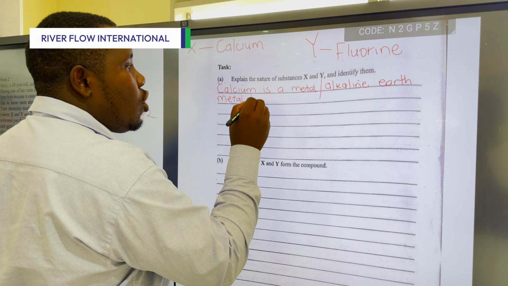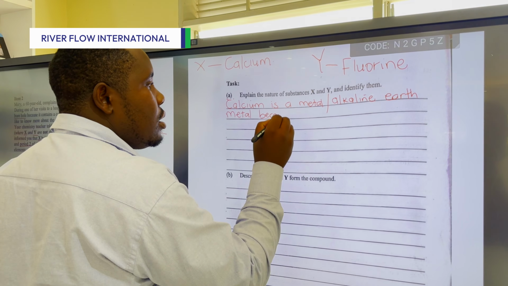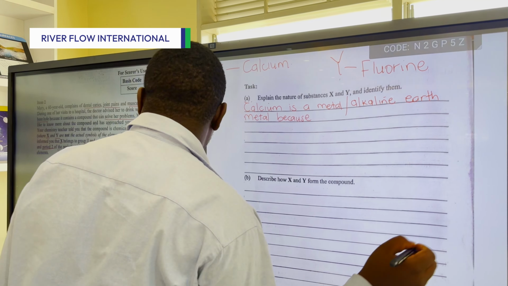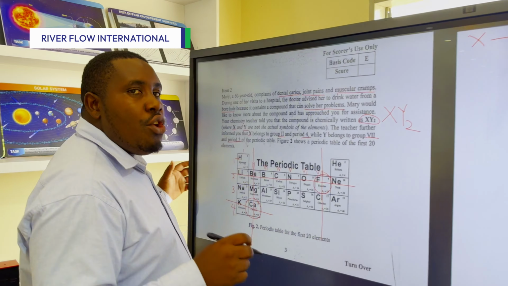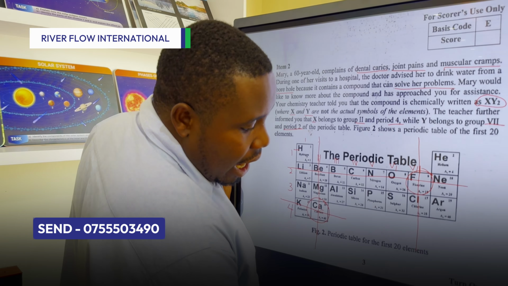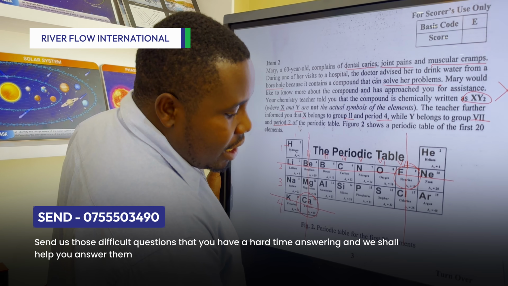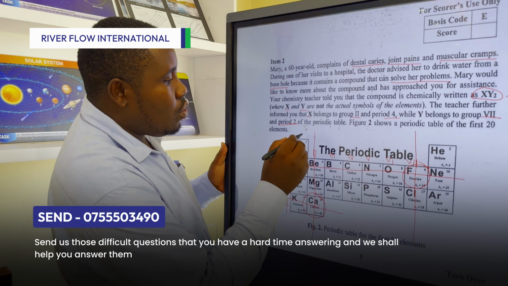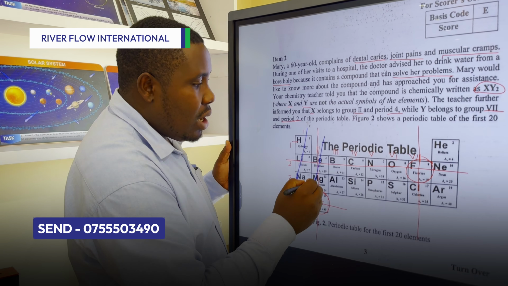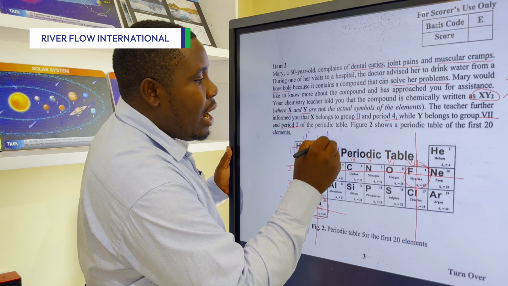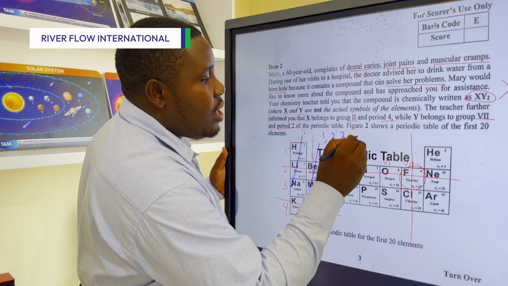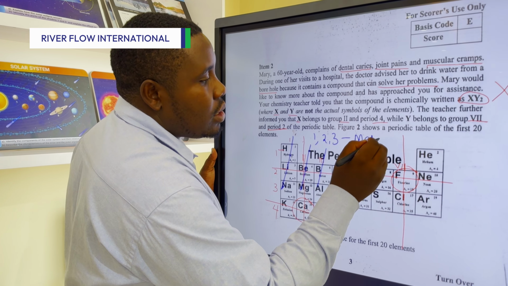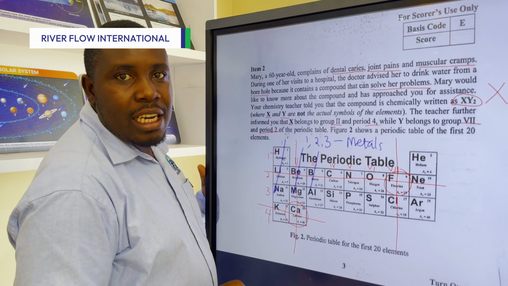Why? Because reason number one, we know that elements which are in group 1, group 2, and group 3, 1, 2, and 3, all these ones are metals. That's why we are saying they are metals.